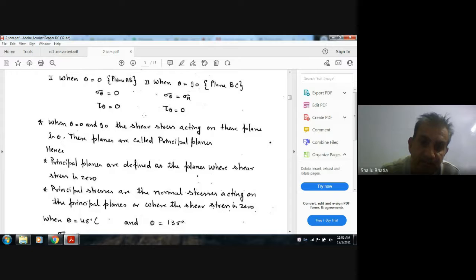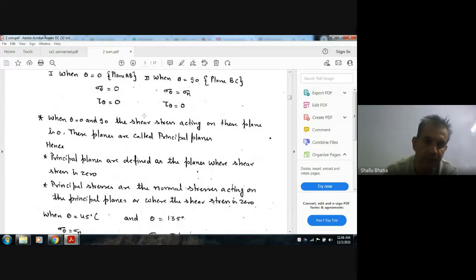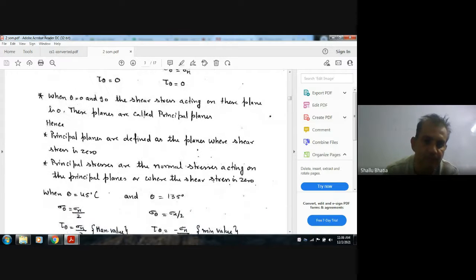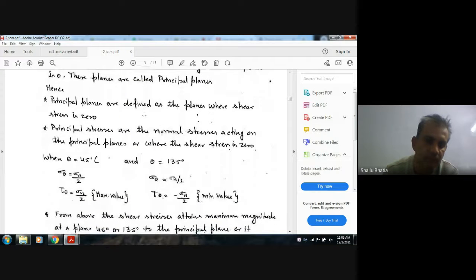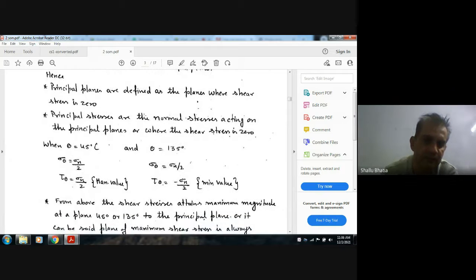Normal stresses are always acting on the principal planes. So the normal stresses acting on the principal planes are called principal stresses.